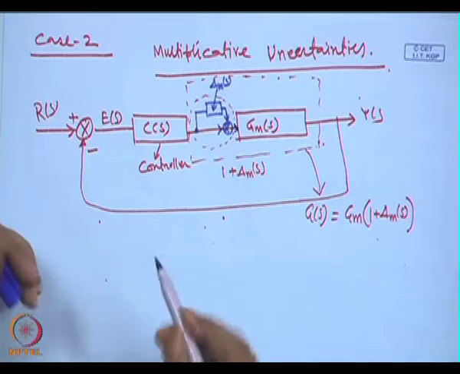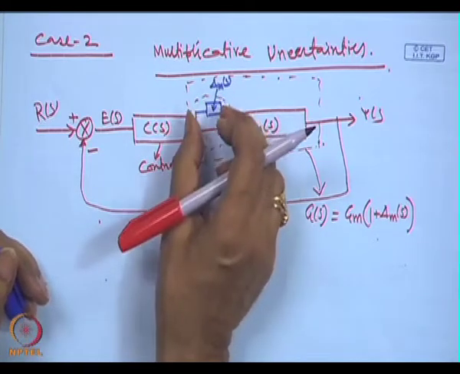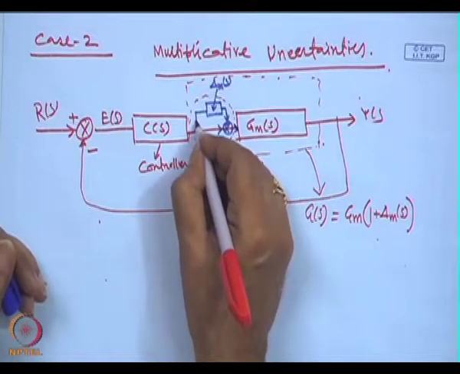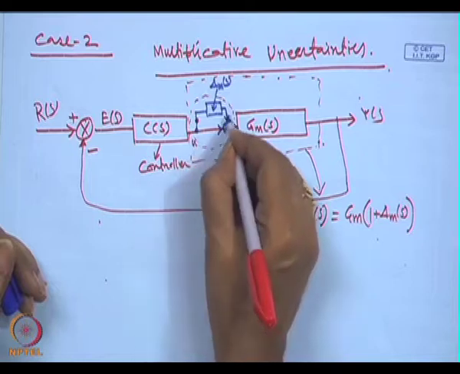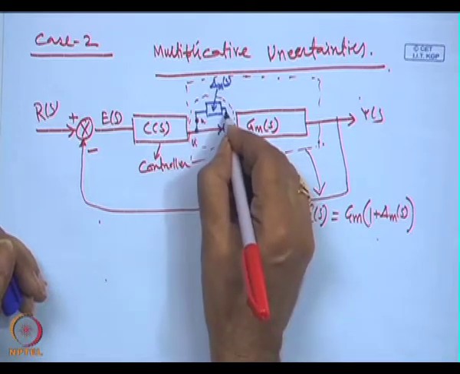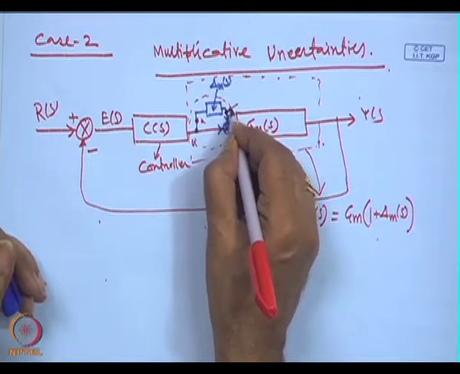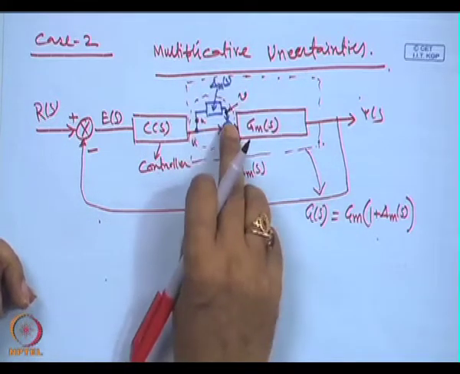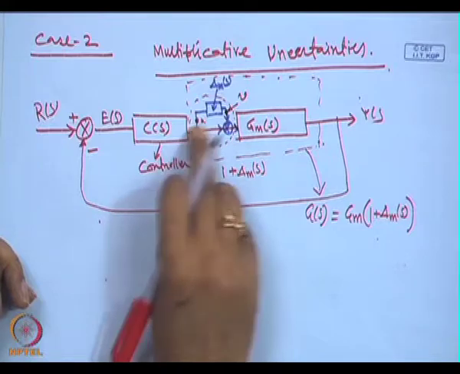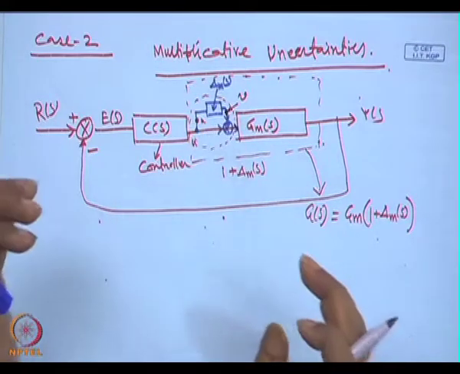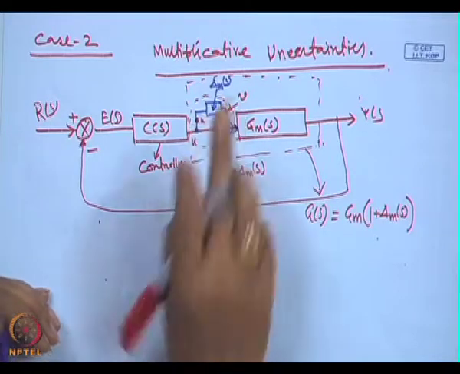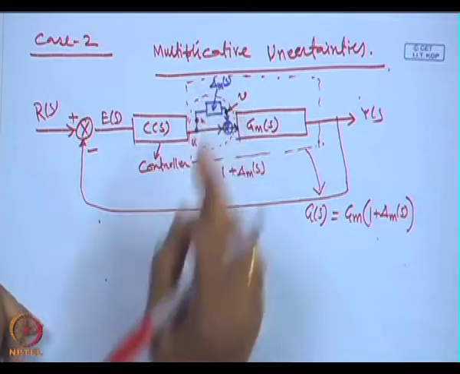Again we will do it in a similar manner: the perturbation block you take out. This is our u, and this signal is our v. You take it out, find the transfer function between the v and u, then push this block across the multiplicative perturbation.